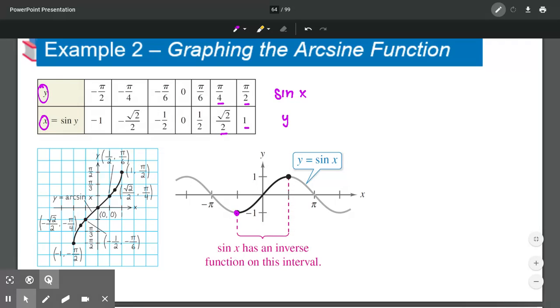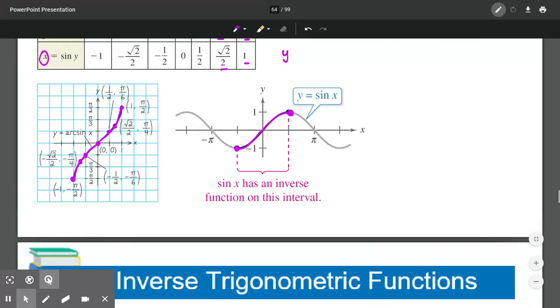So these points that were on your sine graph, you switch them and redraw them where your x's and your y's are switched. And so then this function over here becomes the inverse. So the most helpful way to do that is probably to draw a table or to look at a table for those values using your unit circle.